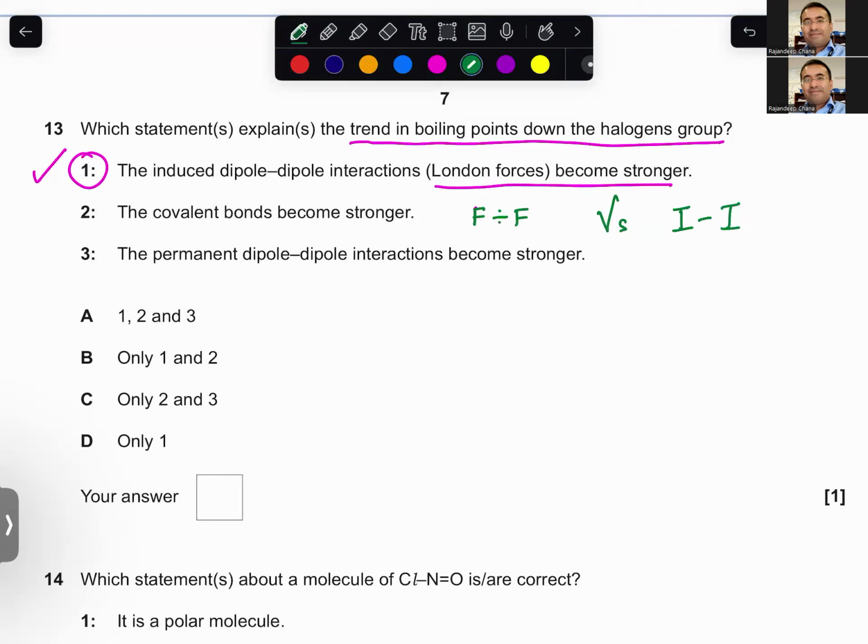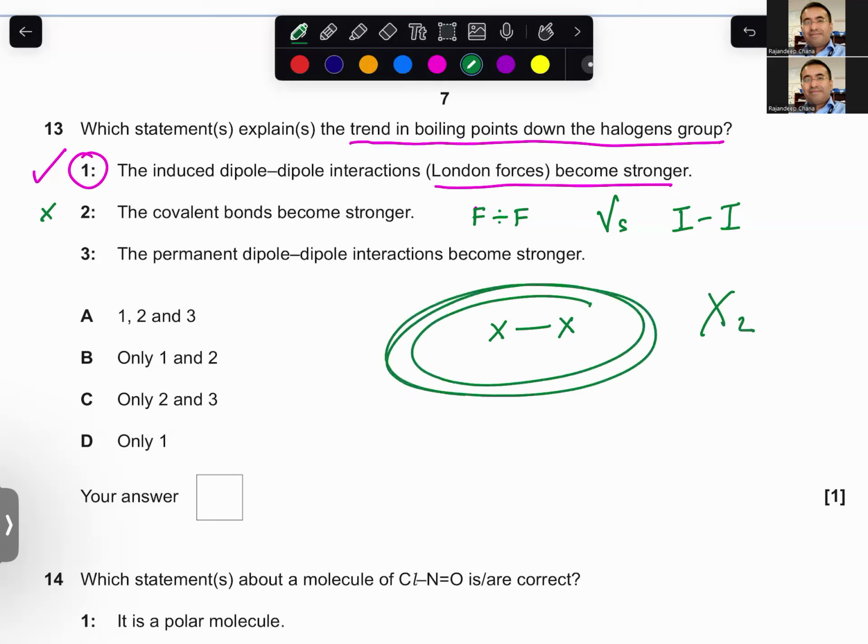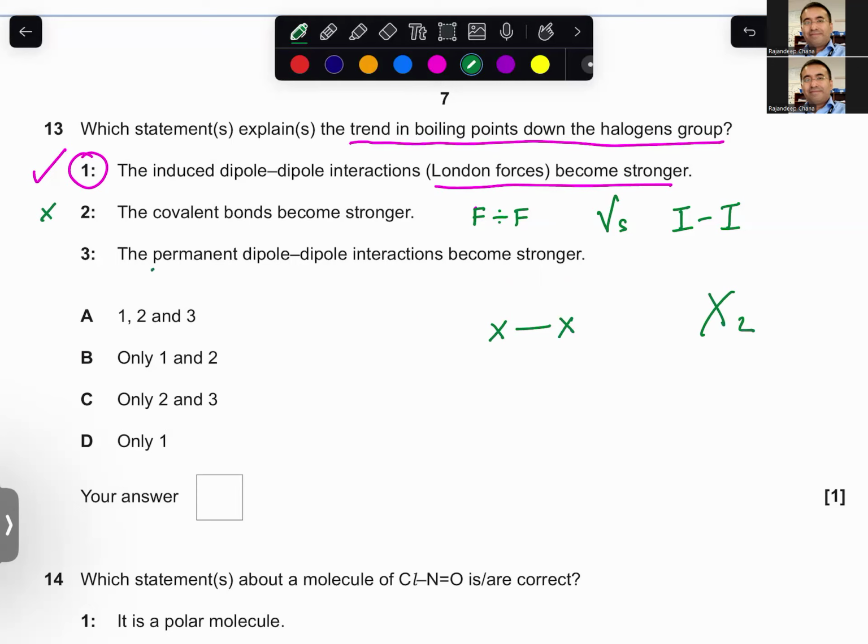So down the group, this covalent bond does not become stronger. The permanent dipole-dipole interactions become stronger. No, the bond is between the halogen and itself because they are diatomic, and the electronegativity of two atoms of the same element will be the same, so it will not form a permanent dipole that you get in, for example, HCl.